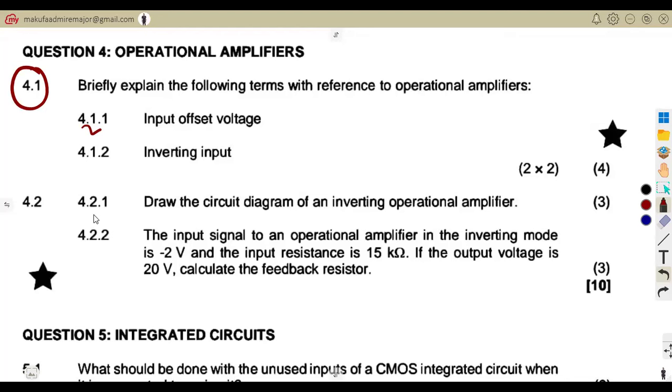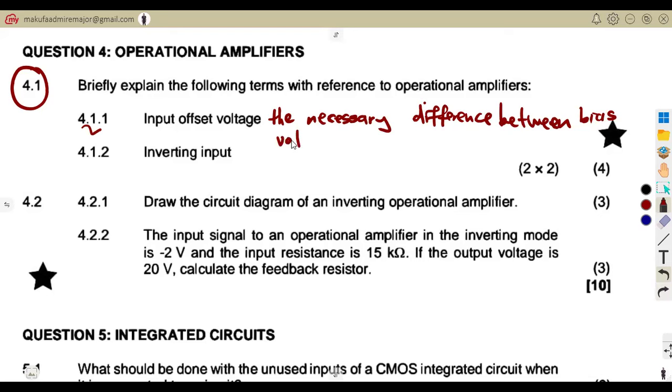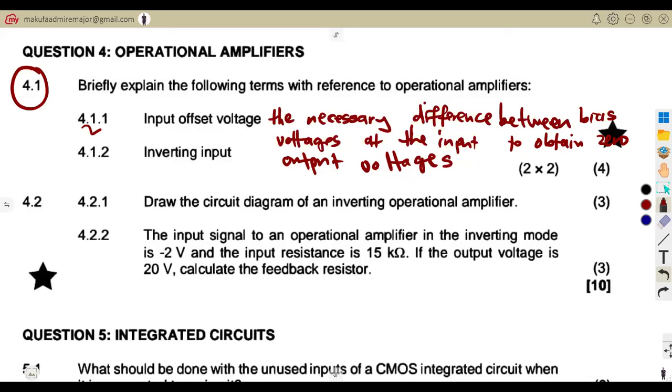So remember, that's the necessary difference between the bias voltages at the input to obtain a zero output voltage. So with this, you're going to obtain 2 marks for that.